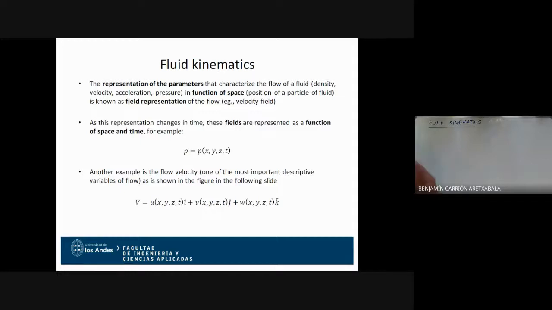So you see, pressure in this case is a function of four coordinates, right? Three in space and one in time.